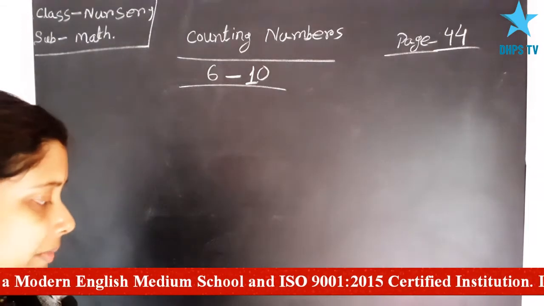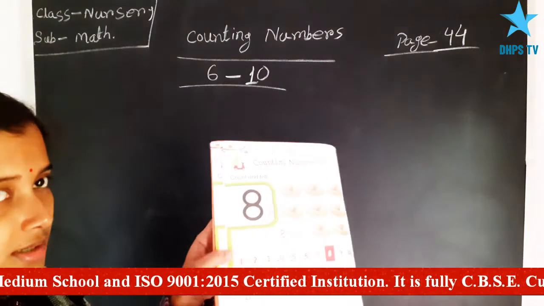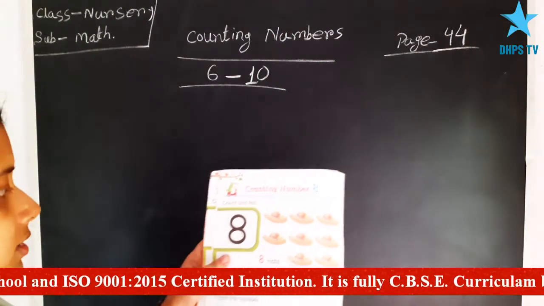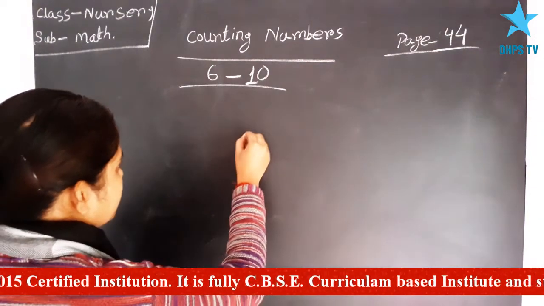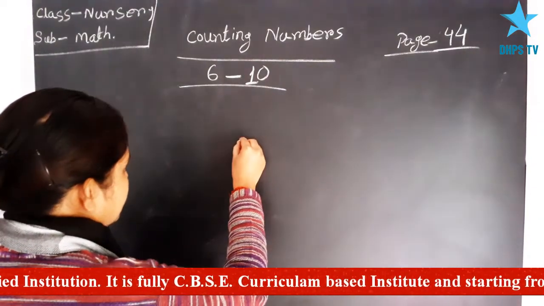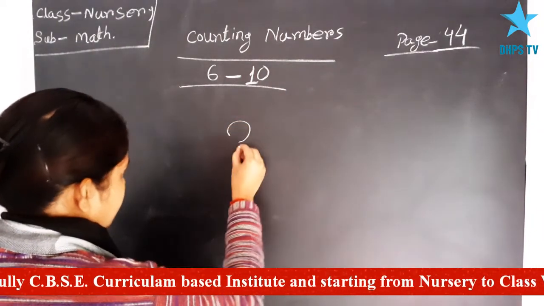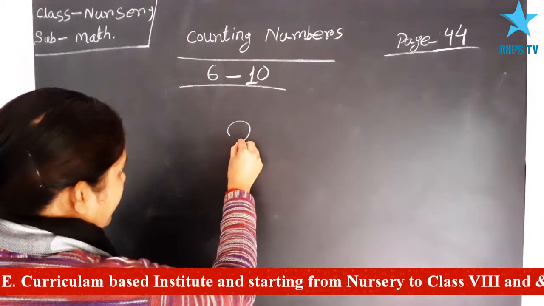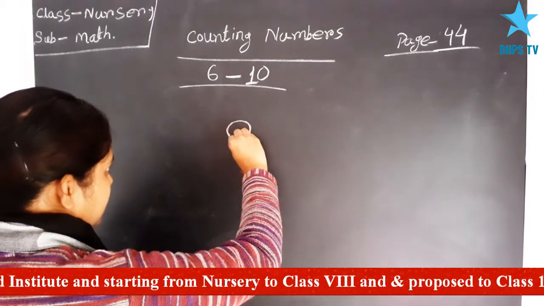Now the next number is 8. Page number 46. Here the number is 8. So you can write the number like that. Make a circle. Start with a point and make a circle like that.